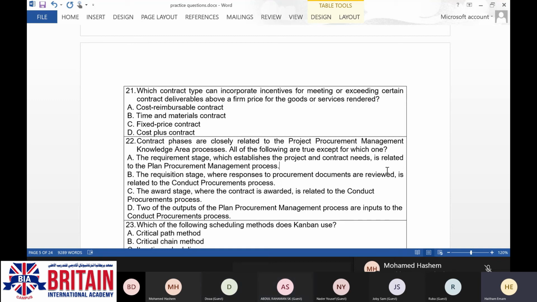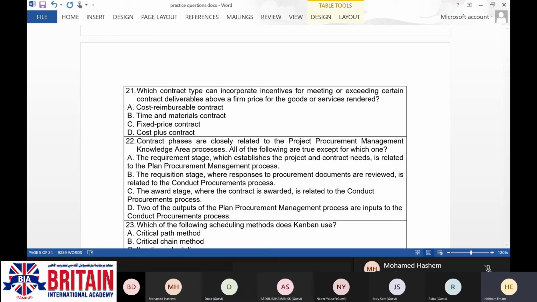Actually, this part is the plan procurement process, but the others, A and C, are right, and D, yes, two of the outputs of the plan procurement process are inputs to the conduct procurement process.